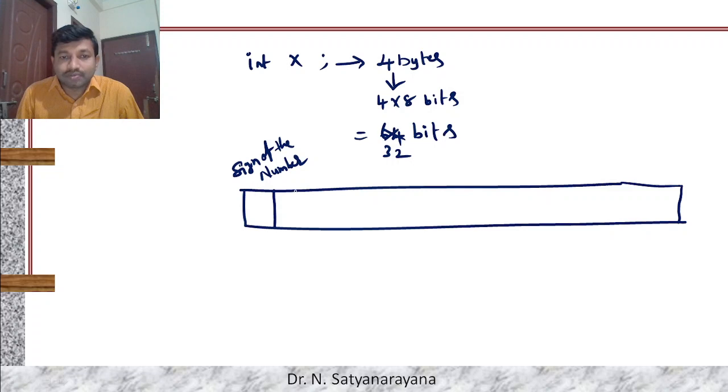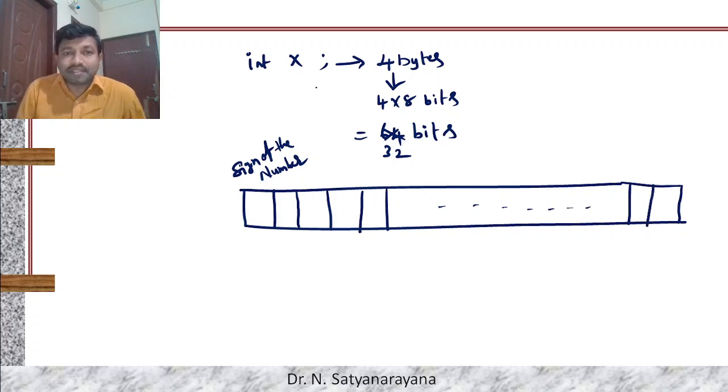So the remaining 31 bits will be there. Fine. If I give x is equal to, say, 4, the binary equivalent of 4 is 100. So I can write 100.